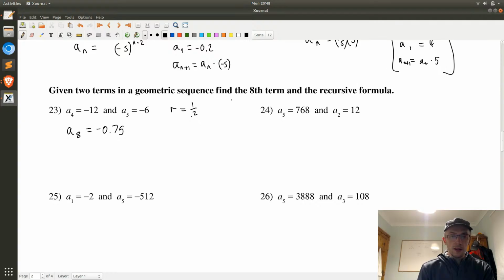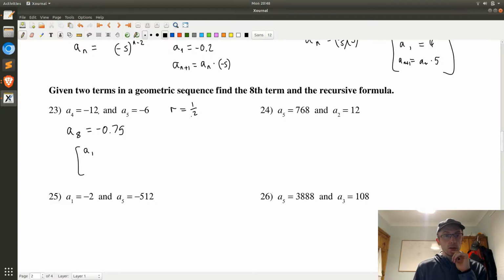And they want the recursive formula. So we shall tell them what A1 is. To get A1, we're going to go back down the sequence. We actually have to double. So term 3 is going to be -24.